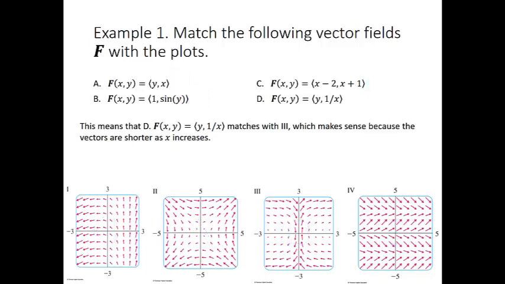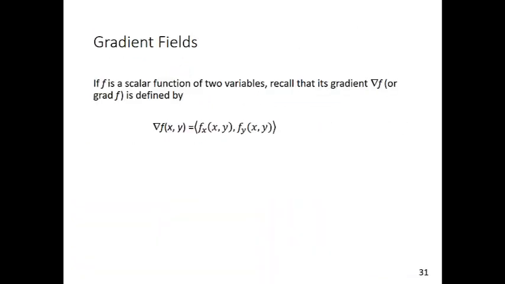Let's switch gears. The last piece of the puzzle is to talk about something called gradient fields. If f is a scalar function of two variables, recall that its gradient, grad f, is defined by taking the point xy to a vector whose first component is the partial derivative of f with respect to x and whose second component is the partial derivative of f with respect to y.